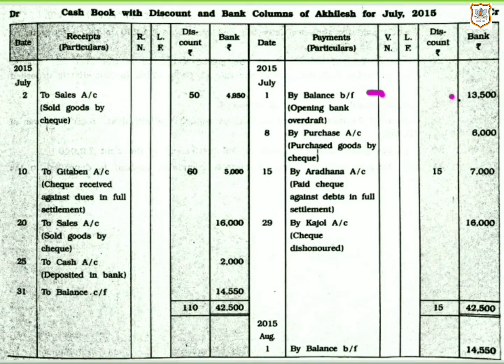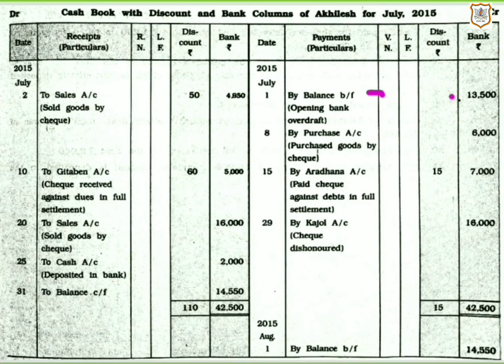Goods of rupees 5,000 sold to Premal, against which he issued a check of rupees 4,950 in full settlement of account, which is immediately deposited in the bank. Here, goods of rupees 5,000 have been sold, but we are getting a check of rupees 4,950 from our customer.